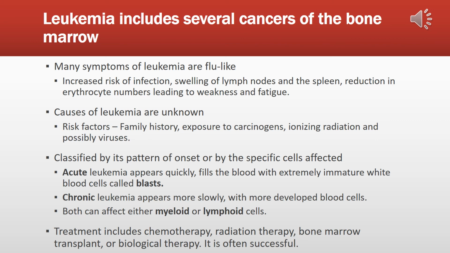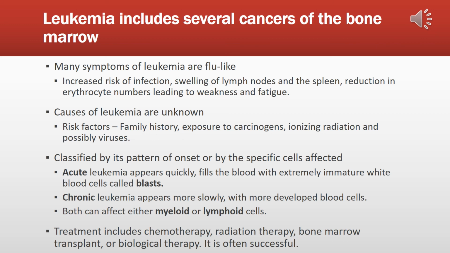And leukemia is classified by its pattern of onset and by the specific cells affected. So acute leukemia appears quickly, and in this leukemia, the blood is filled with extremely immature white blood cells called blasts, and these cells pretty much just outcompete the erythrocytes such that the individual is going to have difficulty getting oxygen to the body tissues.